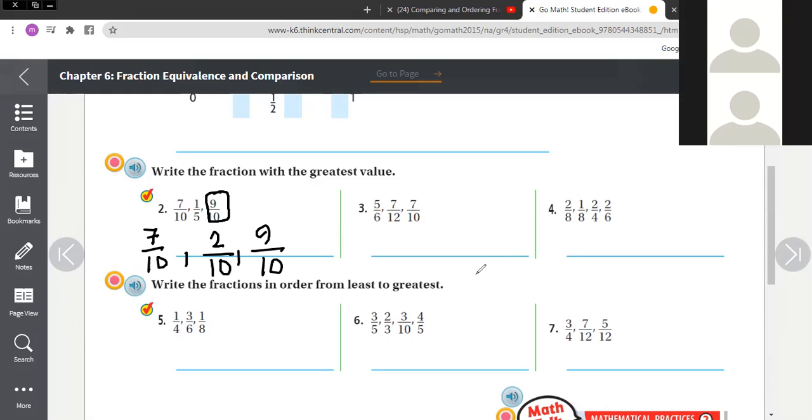Yes. Look, Danny, number 3. We have 5 sixths, 7 twelfths, and 7 tenths. First of all, you have to check the denominators. 6, 12, and 10. Are they the same? No, they are not the same. We have to multiply all of them by a number to make them the same.